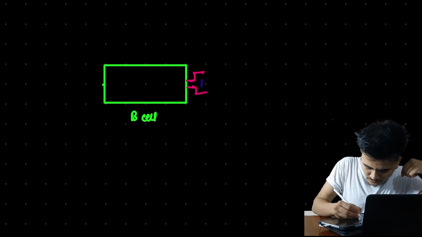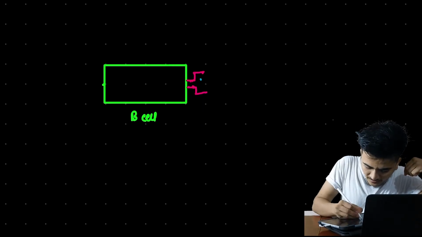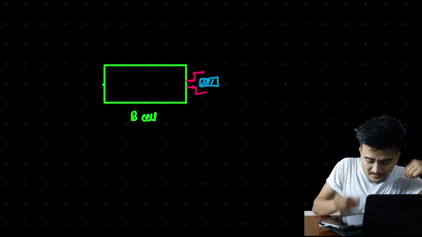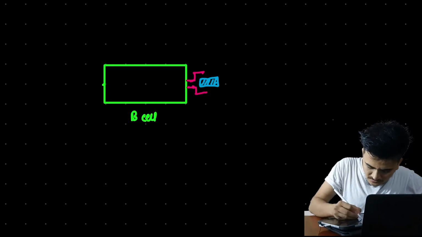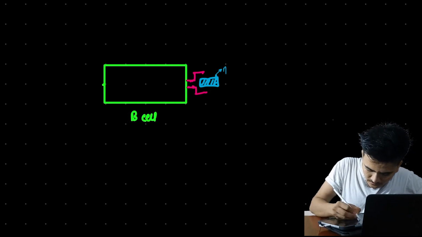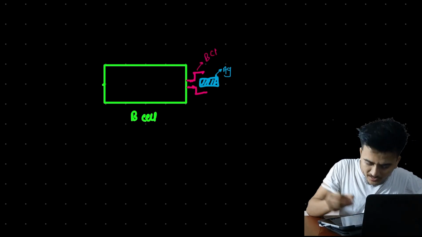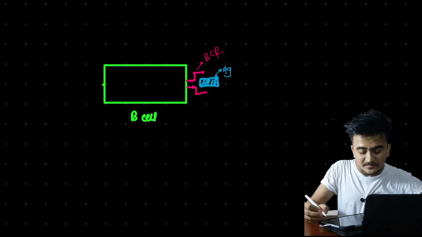Let me draw it with a brighter color. Here this BCR is receiving antigen. This is antigen, and this is BCR or B cell receptor.